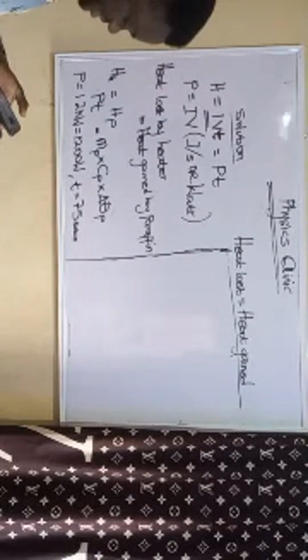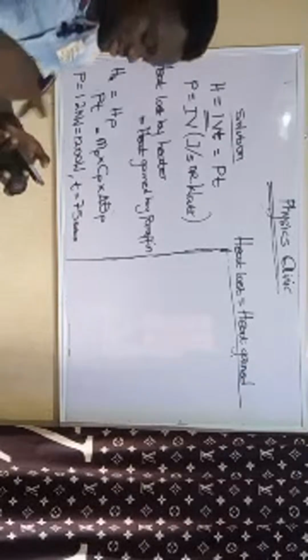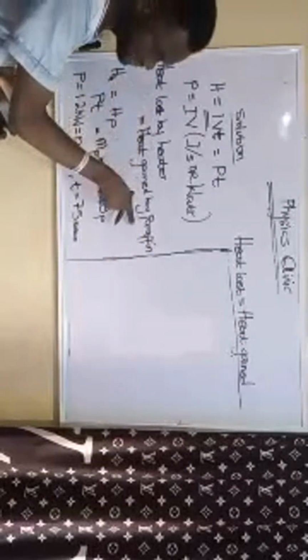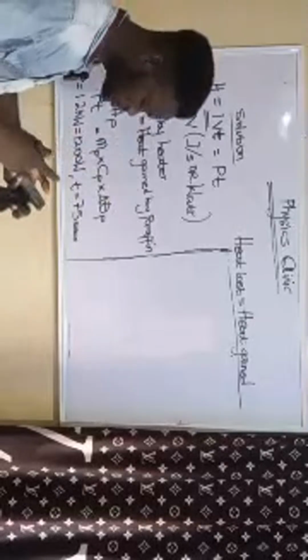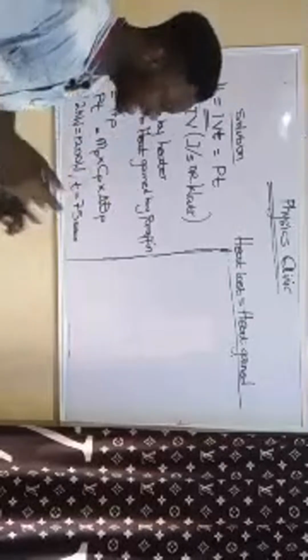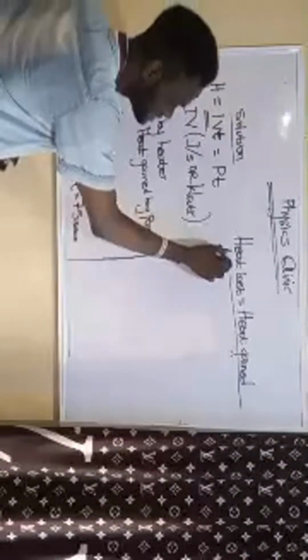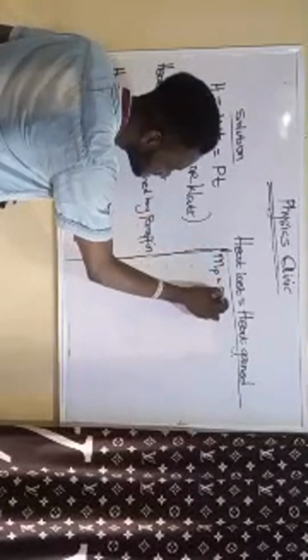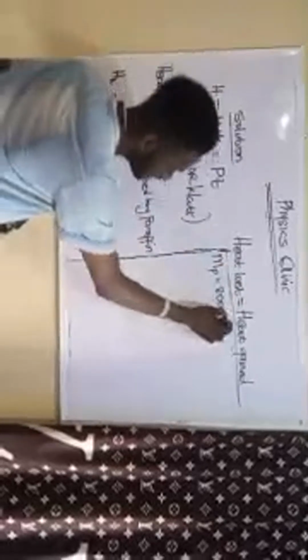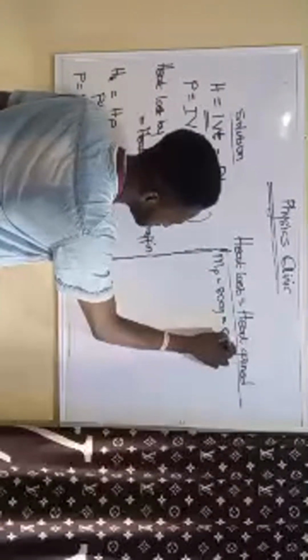It then went further to say that the energy lost by the heater to the paraffin is used to heat 800 grams of paraffin. So the mass of paraffin is given to us as 800 grams, which, like we saw in the previous question, is equivalent to 0.8 kilograms.